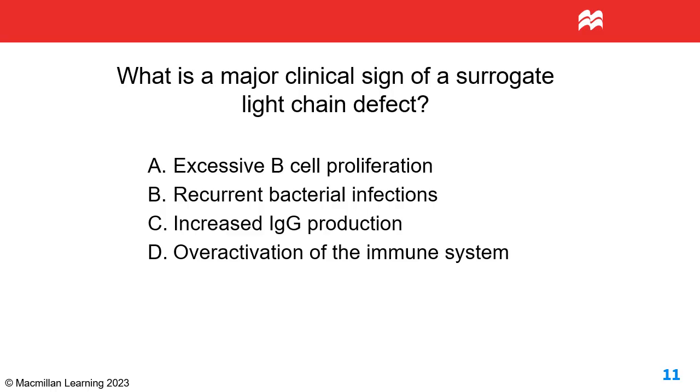So your surrogate light chain doesn't work. So now you have to think, what is it that you are testing, and what is going to happen to this cell if your heavy chain seems like it doesn't work? The heavy chain doesn't work because your surrogate light chain is not working. What's going to happen to your cell? What's going to happen to the body of the person that has the cell?